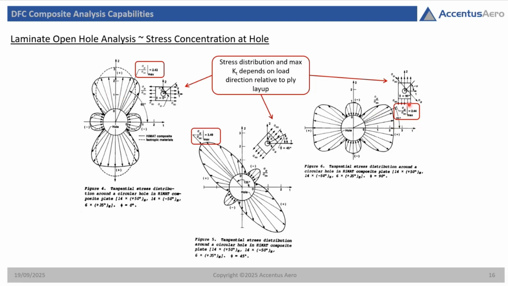And if it is applied at 45 degrees, the stress concentration is 3.49, and that is typically what the load distribution looks like. So this tells you that you need to know your load directions, your hole size, all of that, and your stress state to be able to analyze the stress concentration and failure around a hole in composites.